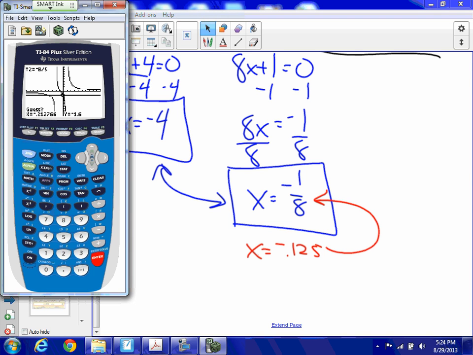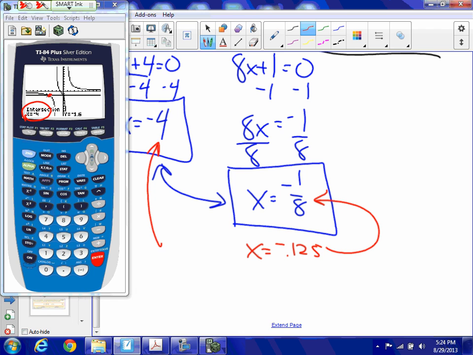So I'm going to guess a little bit to the left, like negative 3, and see what it gives me. And I'll push enter. And sure enough, I found the intersection closer to negative 3, which is right there at our other answer, negative 4.